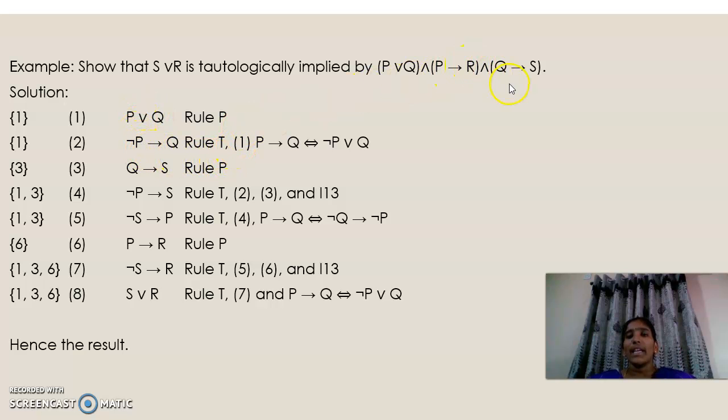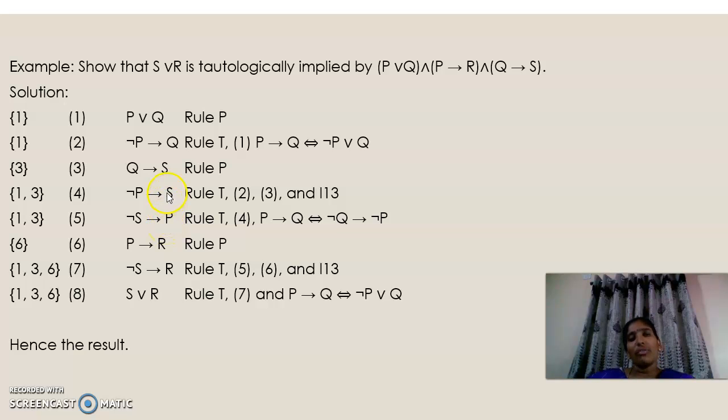And the next one, I have to take Q conditional S. By using these two I have to write down negation P conditional S by using rule I13. This is also rule T. And I have another premise, P conditional R. Here I have to introduce it by rule P. So here, negation P conditional S. After that, how can we convert it to negation S conditional P?